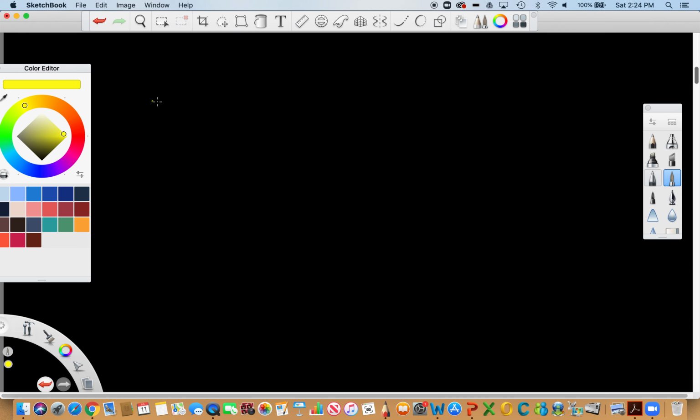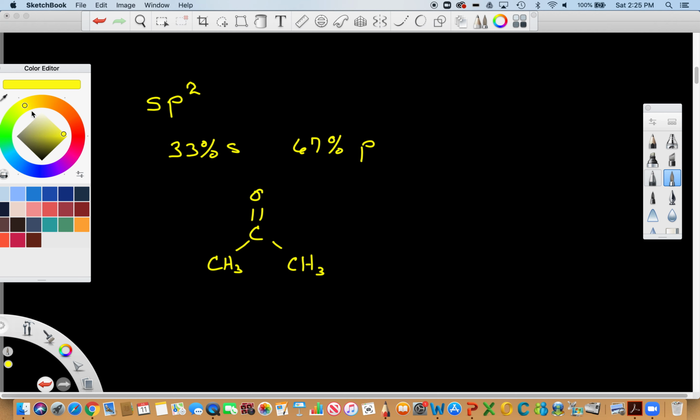So sometimes we can have sp2 hybridized orbitals. If that's the case, it's going to be 33% s and around 67% p. Let's see an example. This is acetone. So I am interested in this carbon.